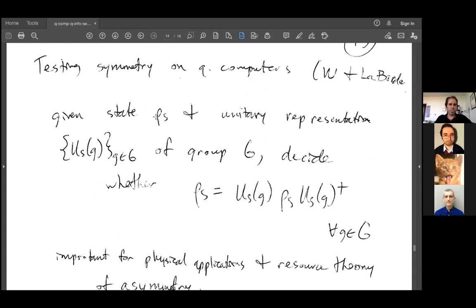So the problem is this: given a state rho S and the unitary representation of a group, decide whether the state rho S is symmetric with respect to these unitaries. So that means that this equality holds for all elements of the group. So symmetry comes up all the time in physics.